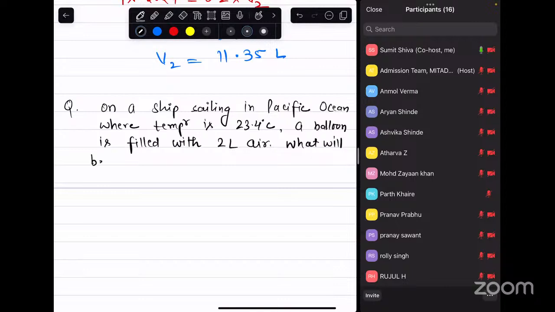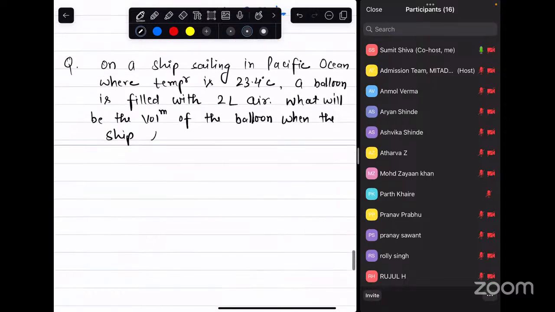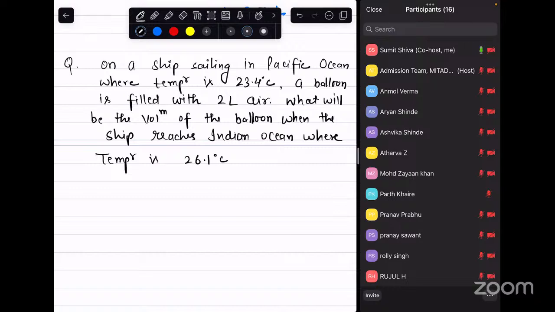What will be the volume of the balloon when the ship reaches the Indian Ocean, where temperature is 26.1 degrees Celsius? Try to solve it.